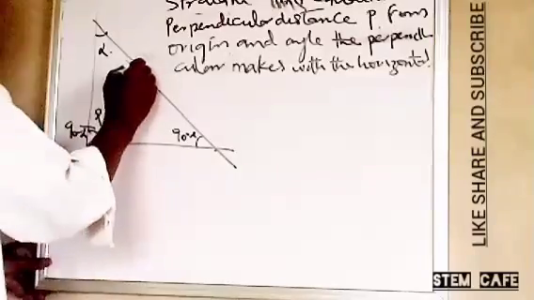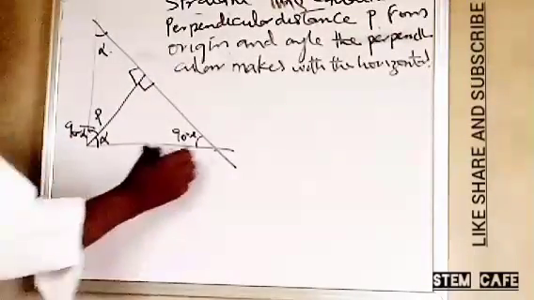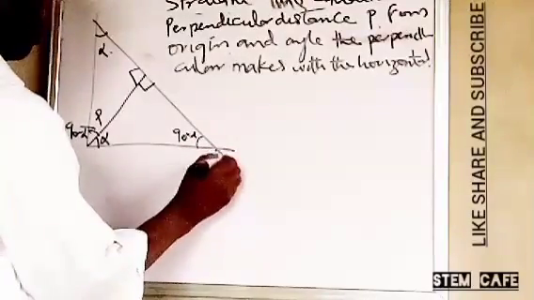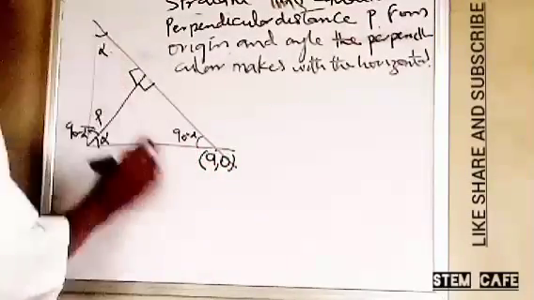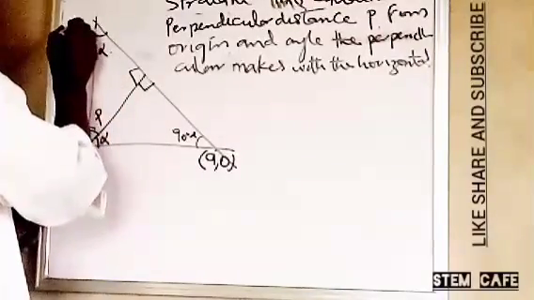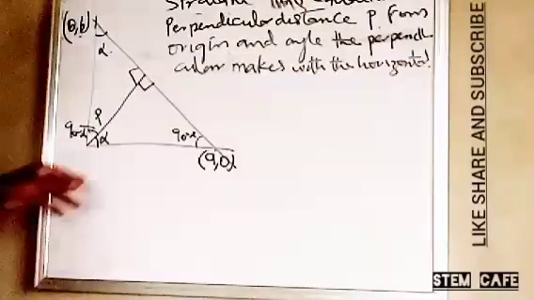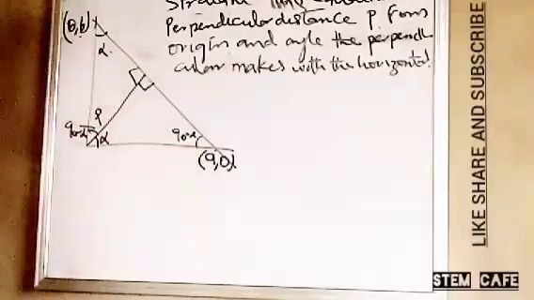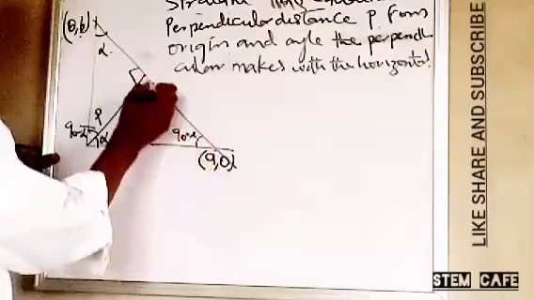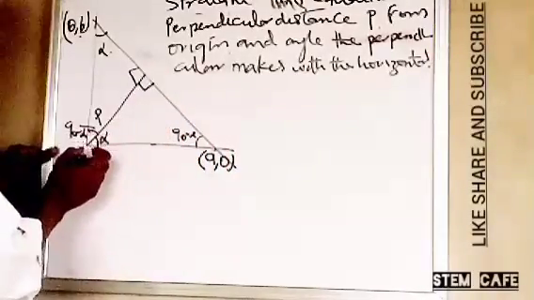And this angle will be 90 degrees. Let's call these points A, O, and B. For this triangle, you can see this side is the hypotenuse, this is the opposite, and this is the adjacent.